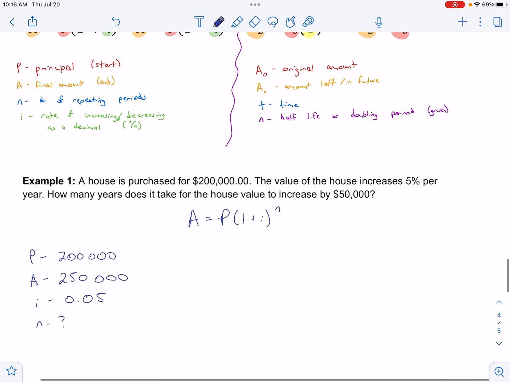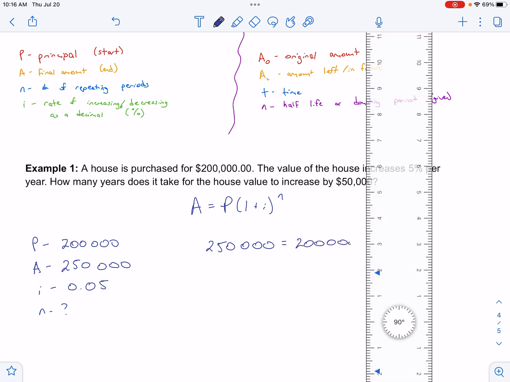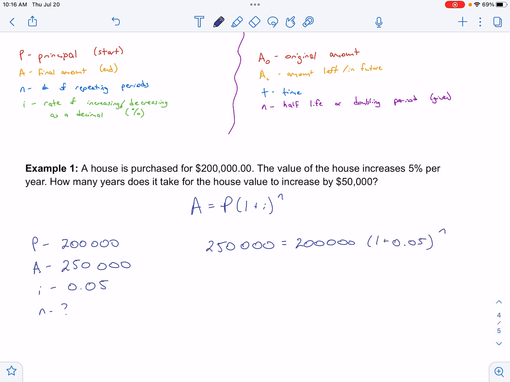So I'm going to set up my equation here. 250,000 is equal to 200,000 times (1 + 0.05)^n.